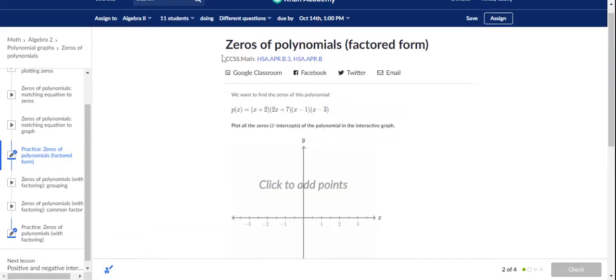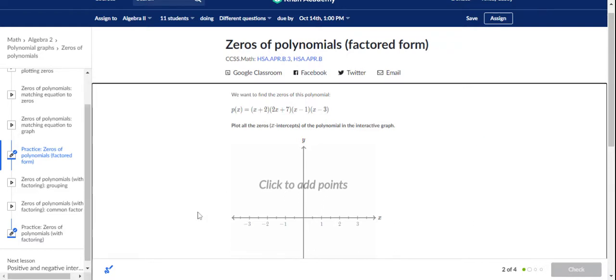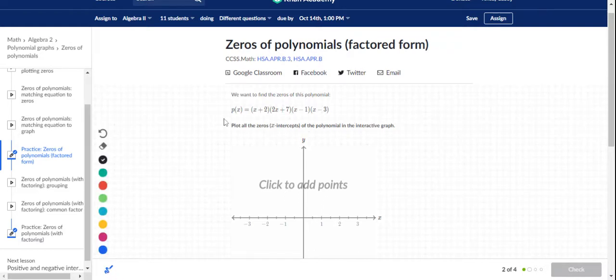All right, so now we're talking about zeros of polynomials. A zero of a polynomial is a number that if you plug that number into the polynomial, you end up with a total of 0, right? So, for example, right here we can see x plus 2 as a factor.